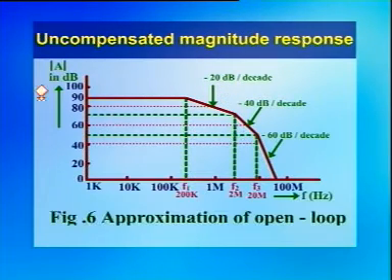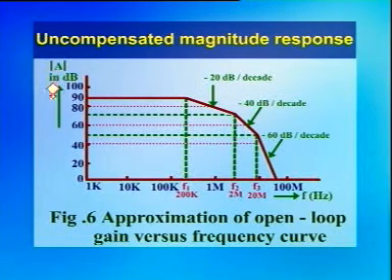For a typical op-amp, the open loop gain A is equal to 90 dB and it is flat up to F1. Let it be 200 kHz as shown in figure. The first break frequency is F1, and from F1 to F2 it rolls off at the rate of minus 20 dB per decade.